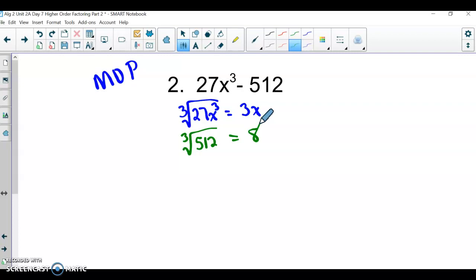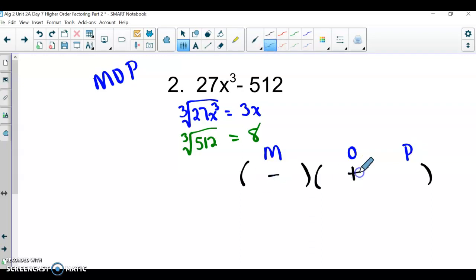Once we do that, then remember we end up writing the first one is our binomial, our trinomial, and then we write our mop. Okay, maintain the same sign, which the same sign in this case would be minus.